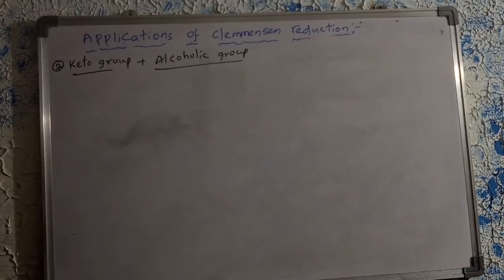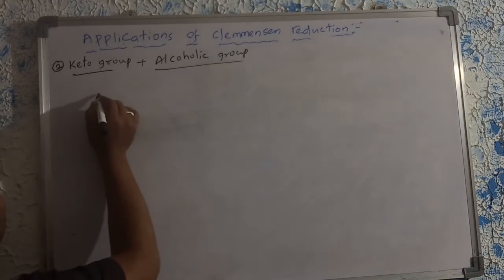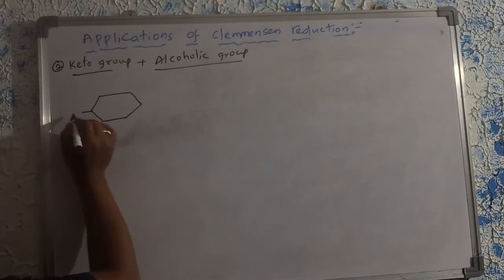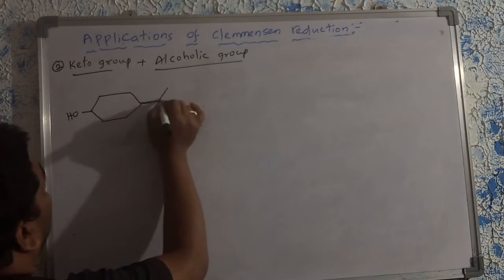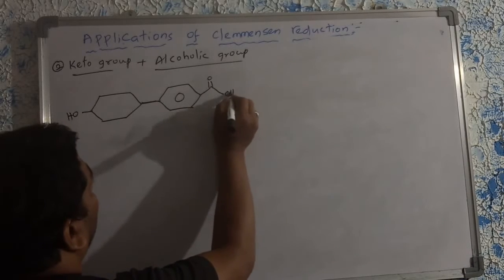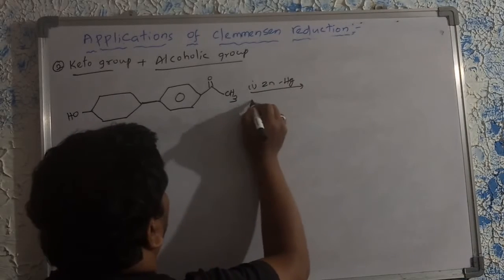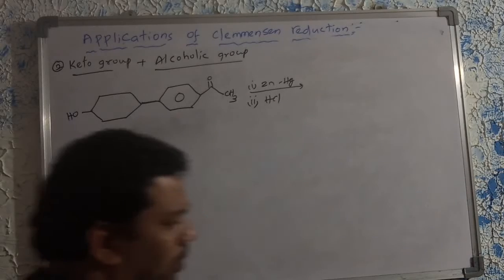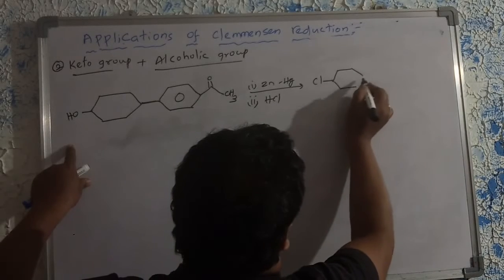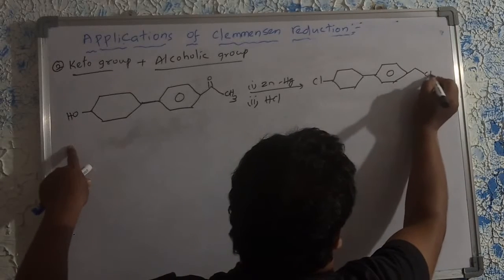Second application: if a keto group plus an alcoholic OH group are present, reacting with zinc amalgam HCl, the product is Cl with CH3.